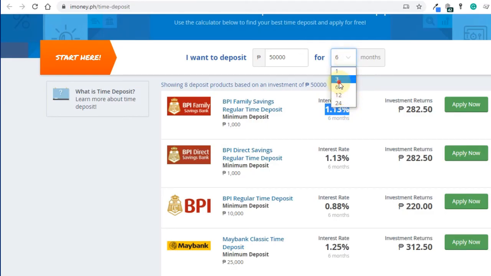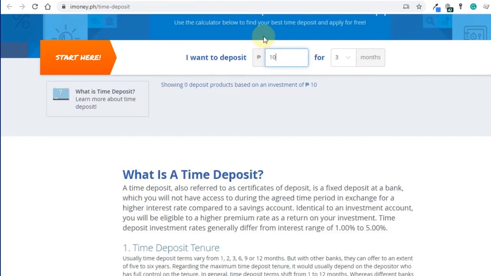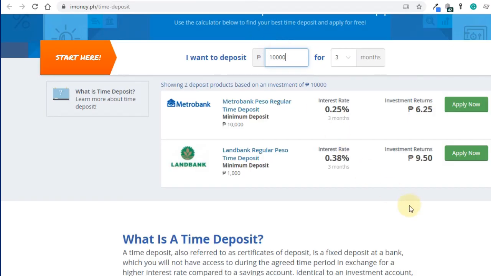For example, you just want to invest for 3 months and you only have 10,000. So these are the banks that have time deposits whose minimum deposit is just 10,000.